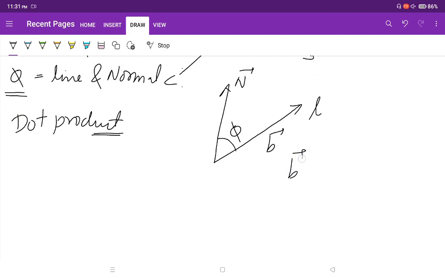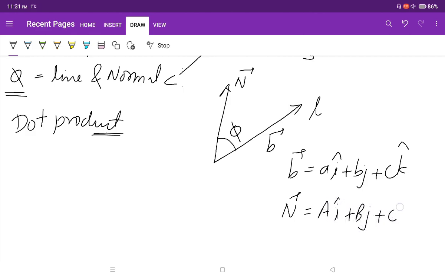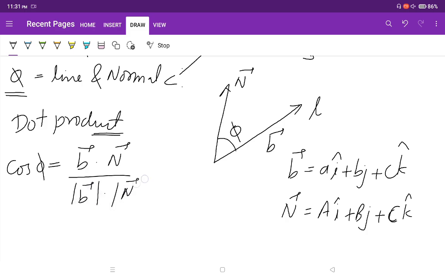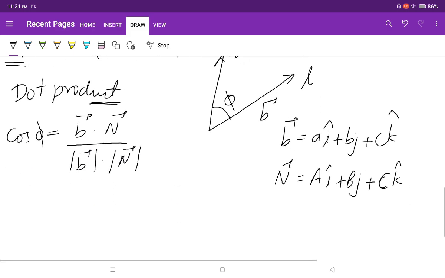Suppose the b vector is a i cap plus b j cap plus c k cap, and the normal vector is, say, capital A i cap plus capital B j cap plus capital C k cap, right? So we have cos of phi equals b vector dot n vector over magnitude of b vector times magnitude of n vector, right?